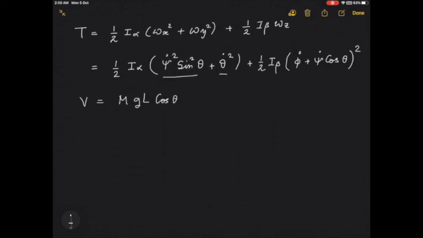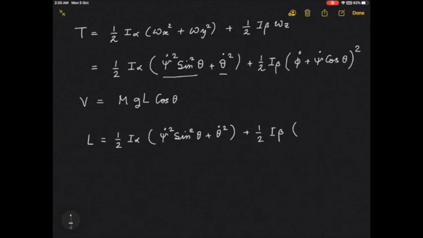So you can write down the Lagrangian, which is half I alpha, psi dot square sine square theta plus theta dot square, plus half I beta, phi dot plus psi dot cos theta whole square, minus the potential energy M g L cos theta.